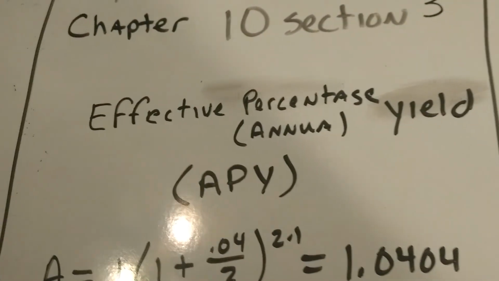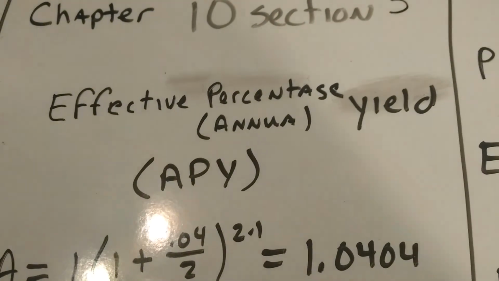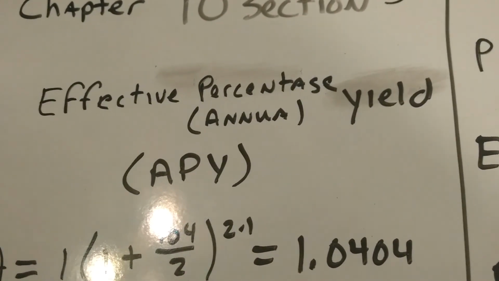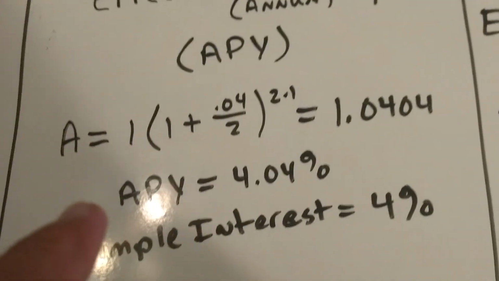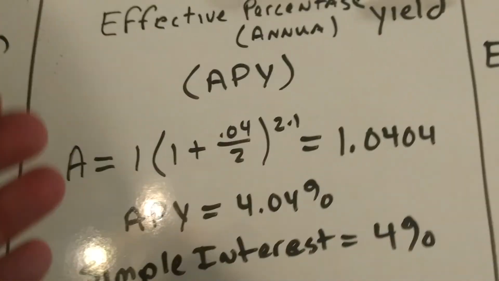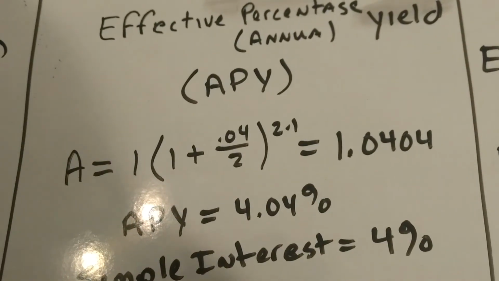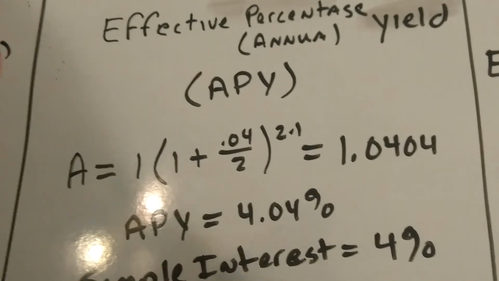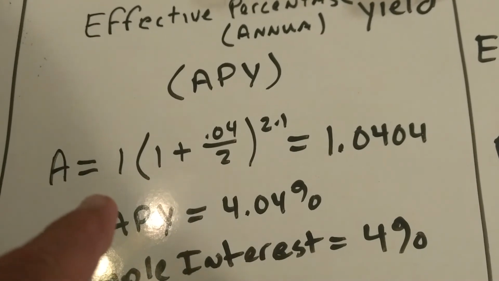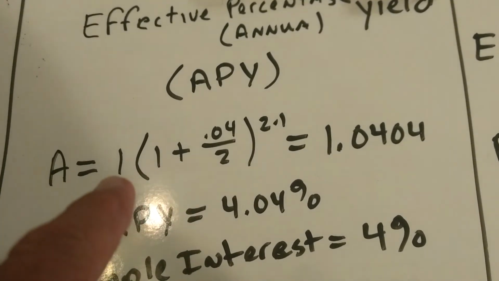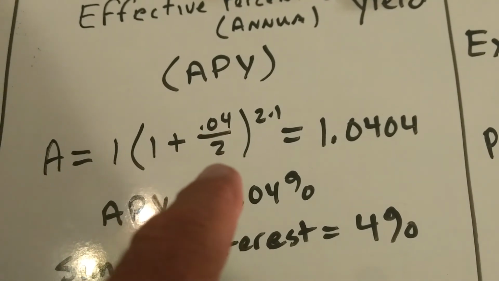The next thing we have in here is called effective percentage yield or effective annual yield, which is called APY. The whole concept behind it is that if we compound the interest a certain amount of times during the year, then it's going to gain us more money. So for instance, in this one right here, we're taking $1, which is our principal. It's at 4% interest, and we're doing it semi-annually.